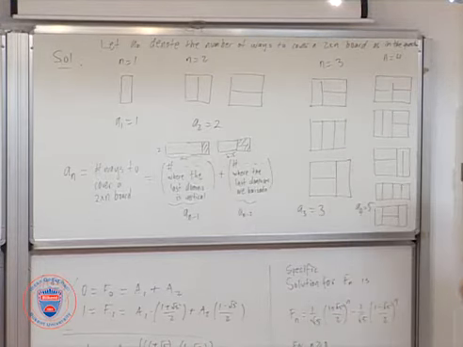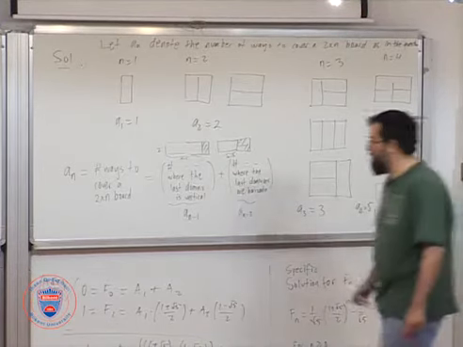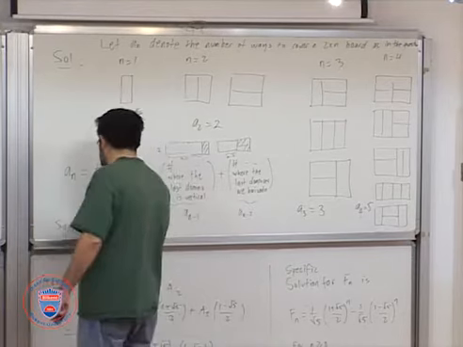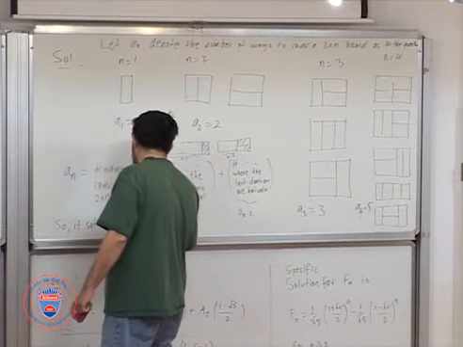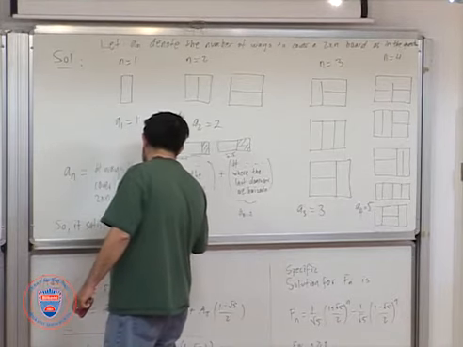So you can actually easily see that an is equal to a n minus 1 plus a n minus 2. So it satisfies the Fibonacci formula.